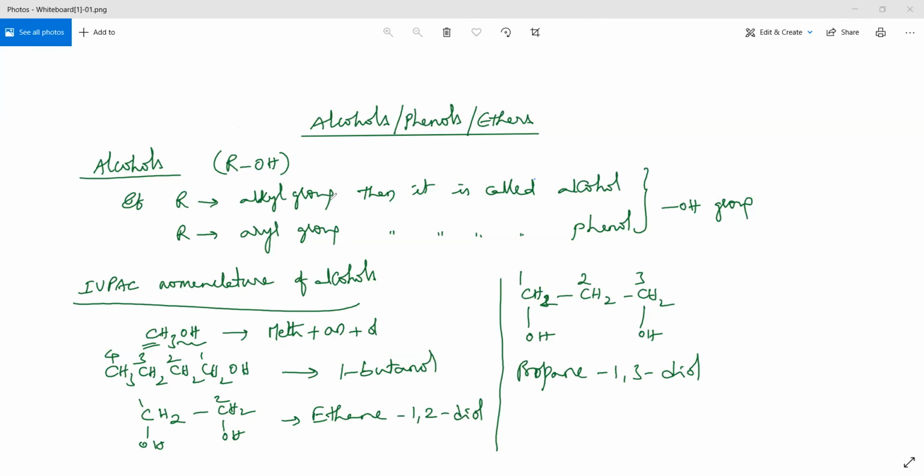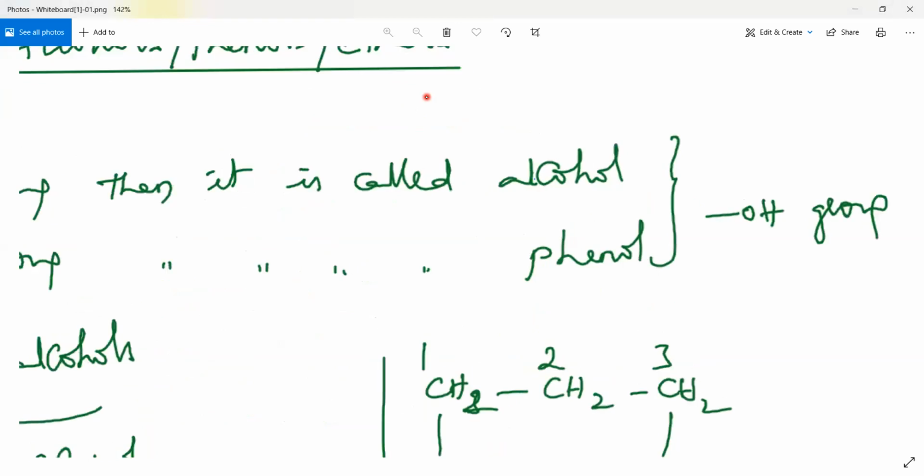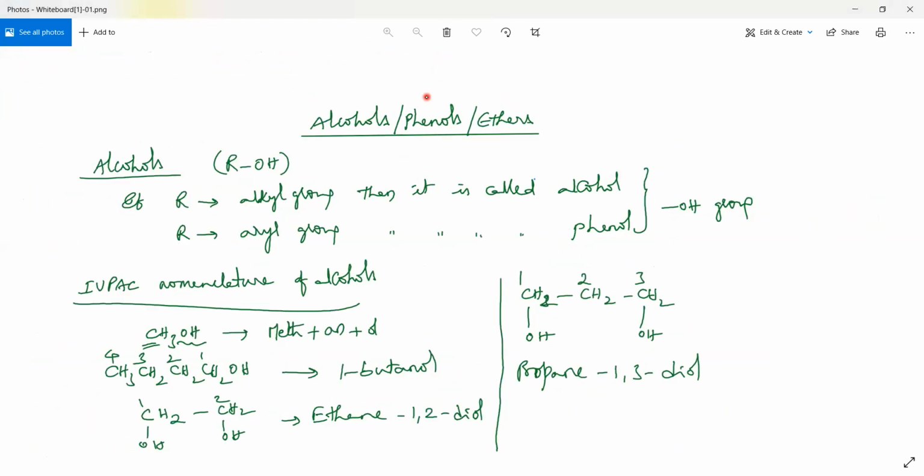Now R may be an alkyl group or an aryl group. If R is an alkyl group, then it is called alcohol. If R is an aryl group, then it is called phenol. But in both the compounds, you will have the OH group.